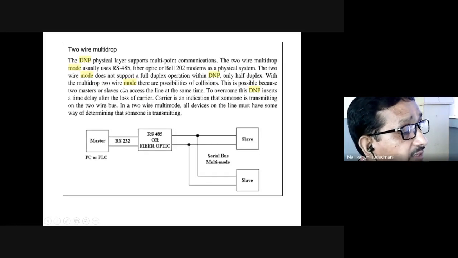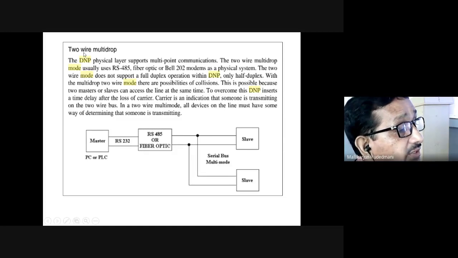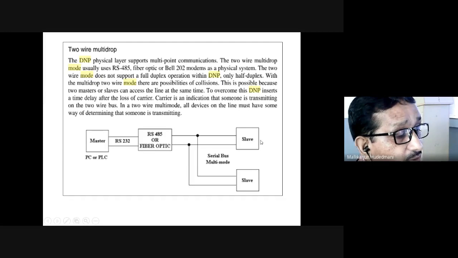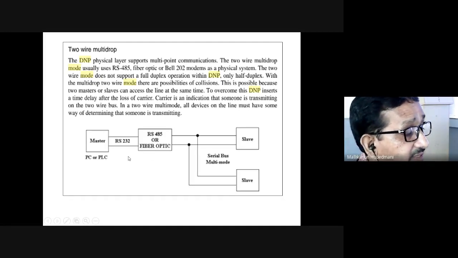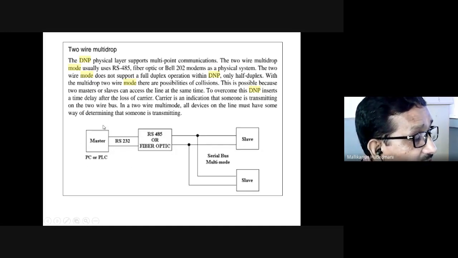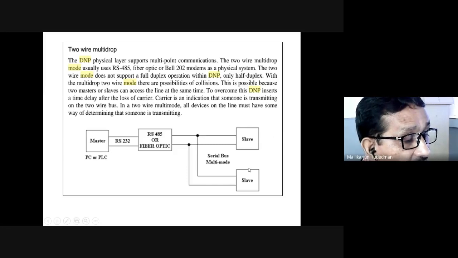Next is the two-wire multi-drop. This is usually a master communicating to a number of devices. You can imagine a generating station. At a generator, you have a master receiving signals like temperature, RPM, voltage, anything like that. These are called intelligent devices around a generator.